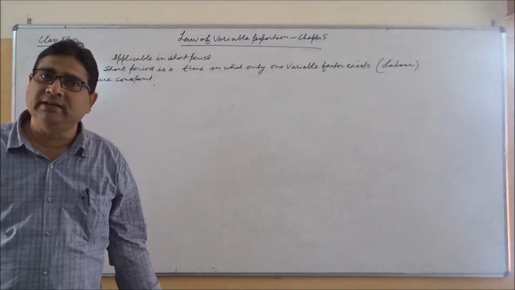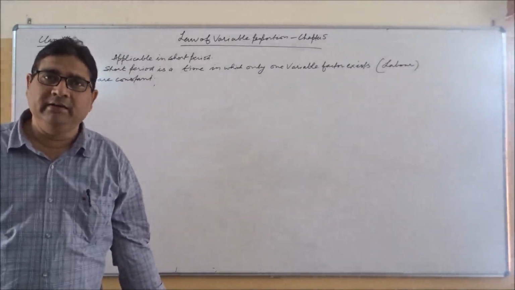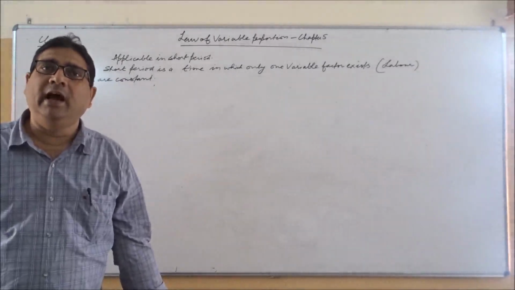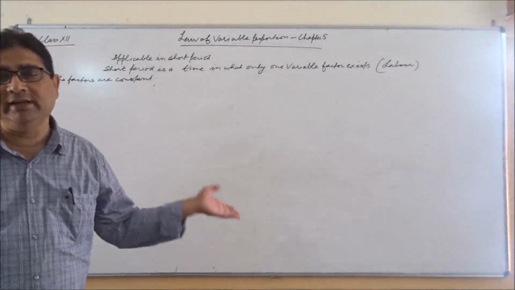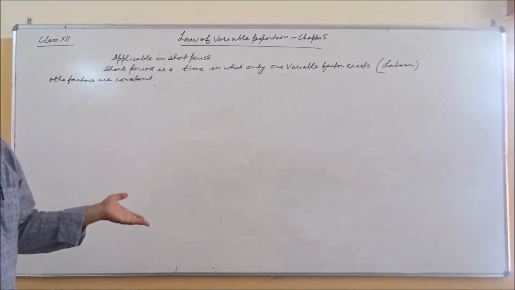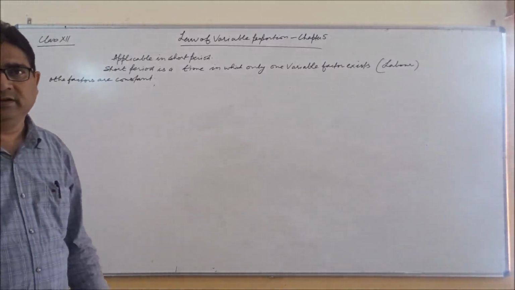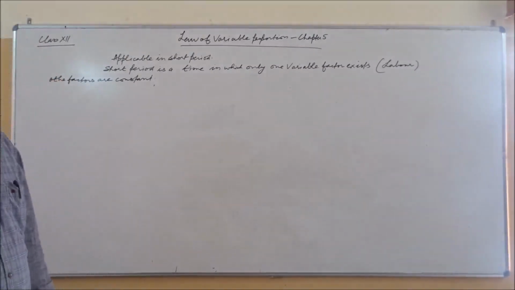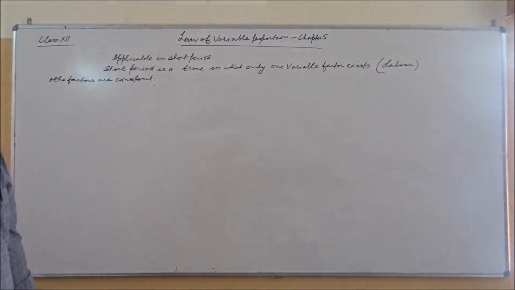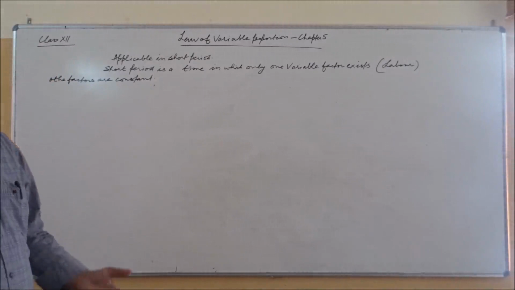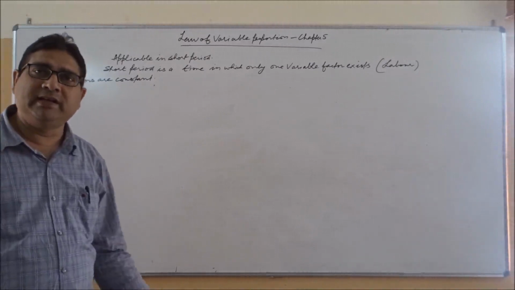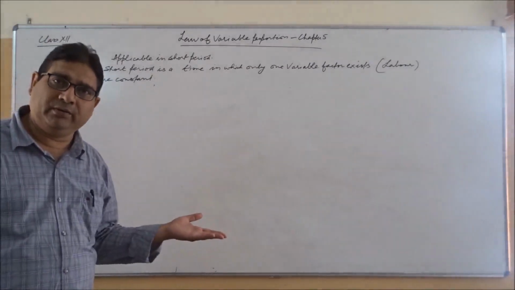The other three factors, land, capital and entrepreneur, remain constant. Their size, their number cannot be increased at any period of time. They can be increased in the long run only, especially entrepreneur.